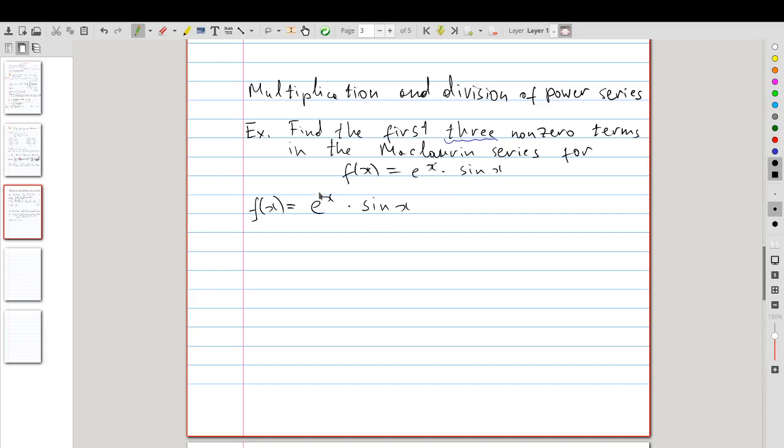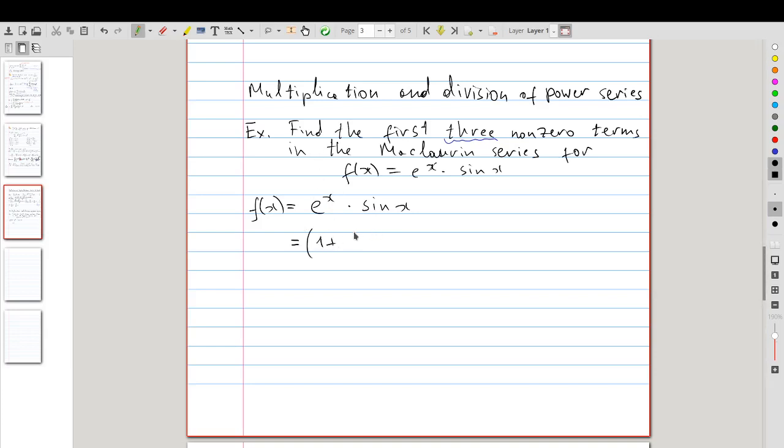Now, we know that each of these two has a Maclaurin series which represents it everywhere on the number line. In fact, if you recall, the radii of convergence of these two series are infinite. So what we are going to do is replace these two functions by their respective Maclaurin series.